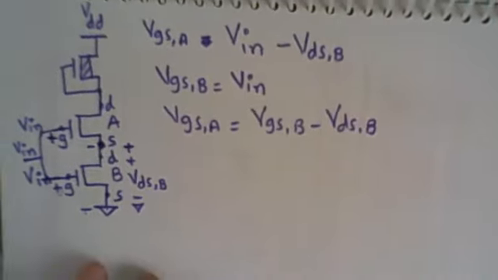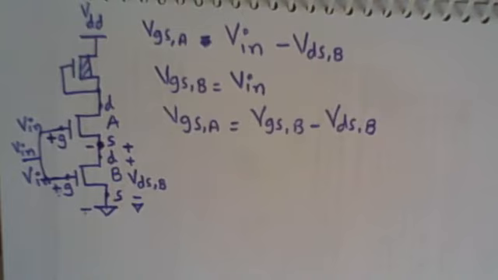Is it clear? When we give both the inputs equal, the gate terminal of MOSFET A and the gate terminal of MOSFET B have the input with respect to ground. Then we can write VGS of A is equal to V input, because the gate terminal is connected at the V input node with respect to ground, minus the source terminal voltage of MOSFET A. What is the source terminal of MOSFET A with respect to ground? It is the drain to source voltage of MOSFET B, right?